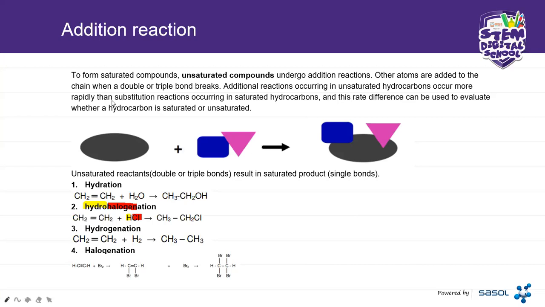Okay, so on number 3, we're going to have our hydrogenation. Guys, I'm just trying to break this down for you so you can remember. Once you see hydrogenation, it means we're going to add hydrogen to an unsaturated compound, which is an alkene or alkyne. Okay, and we're going to have our single bond there.